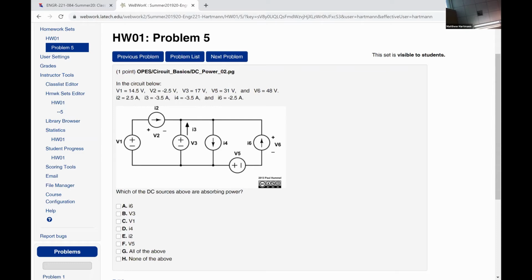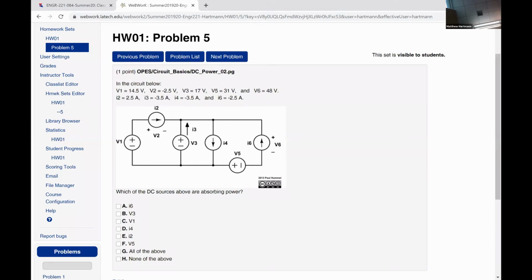The voltage drop V2 is negative, and the current's flowing into the positive polarity terminal, so we have a negative absorbed power. So I2 is out, based on the numbers that I have shown on the screen. For voltage source V3, the voltage is positive, and the current that is flowing into the negative polarity terminal is negative. So that means it is supplying negative power, which means it's absorbing positive power.